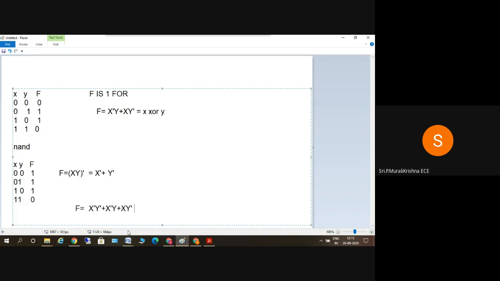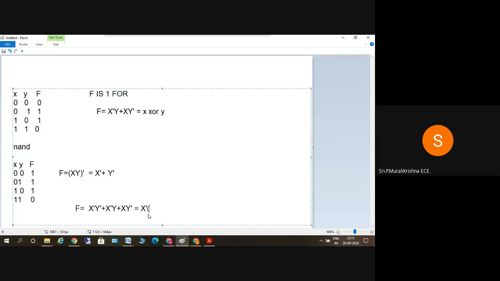So there is a thing here. What can I do here? X bar Y bar is common with X bar Y, so first of all, I'll take X bar as common. If we take X bar common, what do we get?